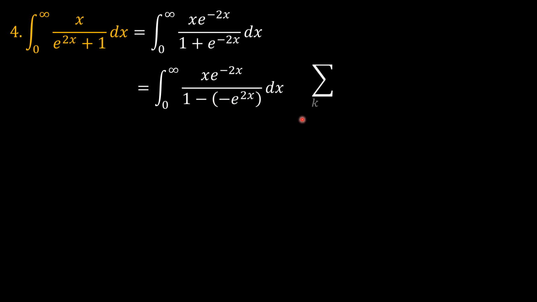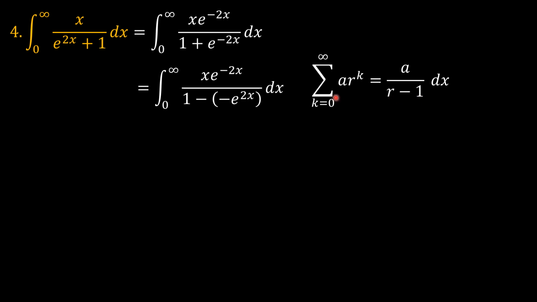For the geometric progression from k equals 0 to infinity of ar^k, we have a as our initial term, and r minus 1.